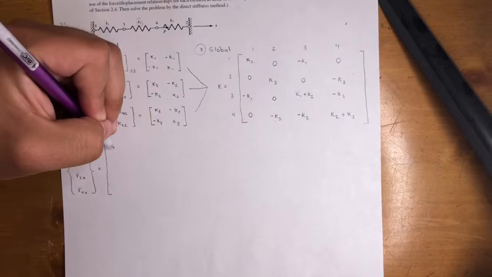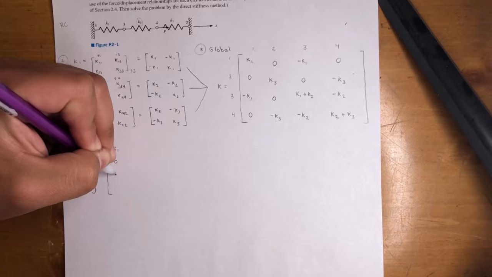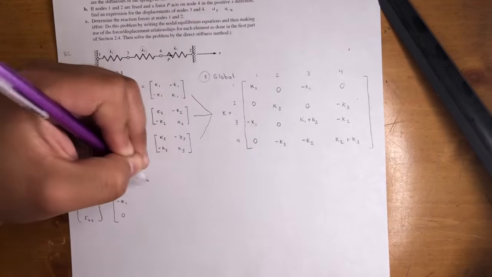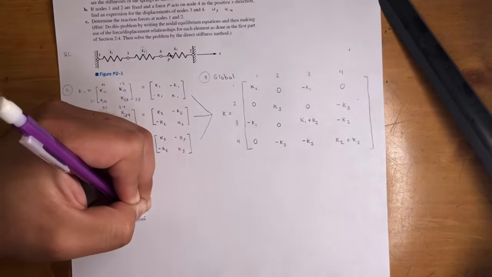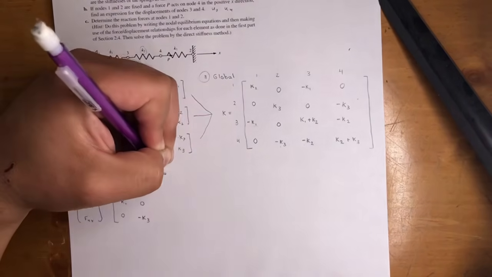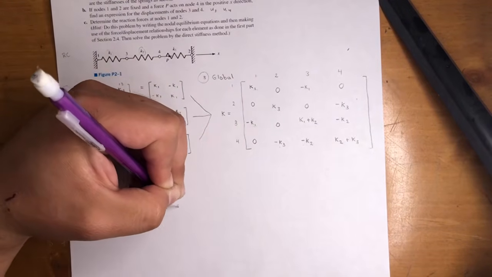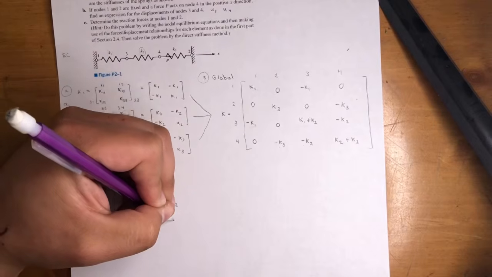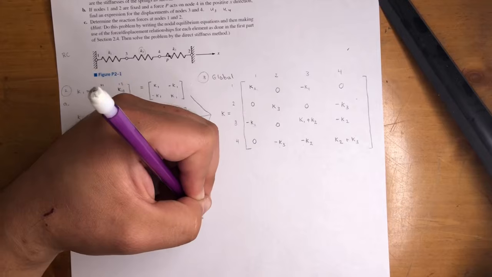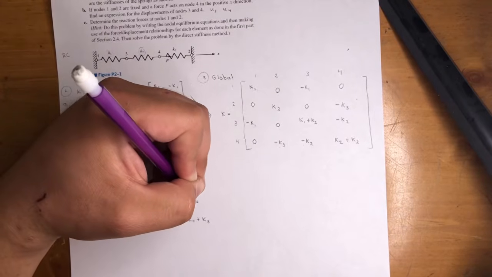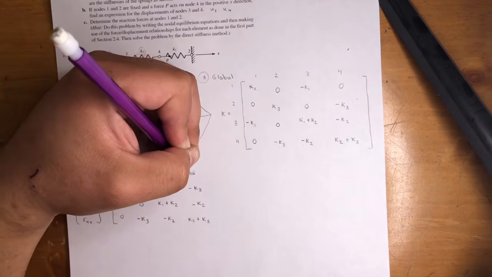That stiffness matrix is K1, 0, negative K1, 0. That's 0, K3, 0, negative K3. Negative K1, 0, K1 plus K2, negative K2. Then we got K2 plus K3, negative K2, negative K3, and 0.